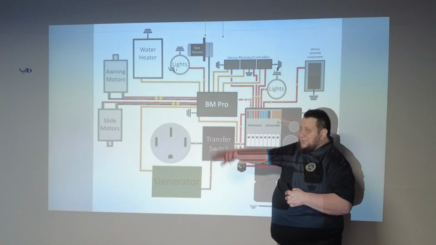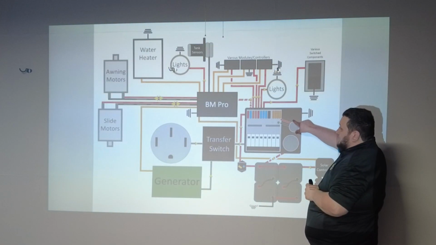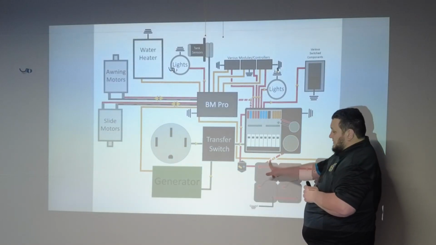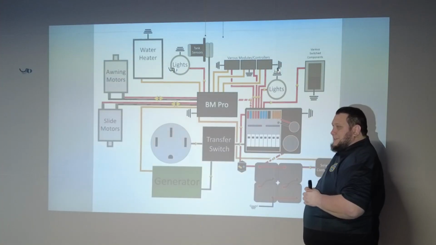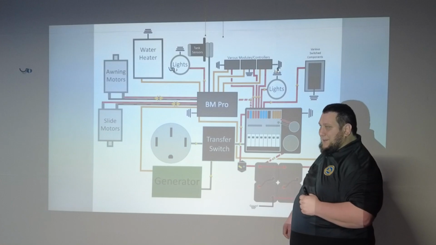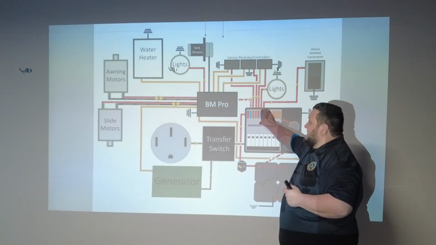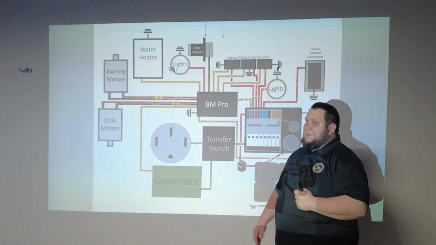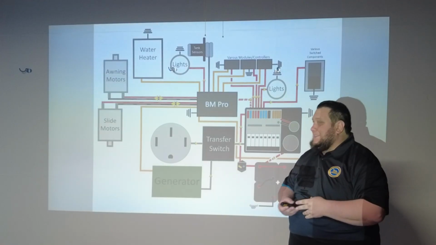And the only reason that we're bringing AC into this at all is for our converter here, which is going to provide power to charge your battery. So that all makes sense. I know it looks complicated, but you've got a battery providing power to fuses, providing power to your components. That's essentially DC power.